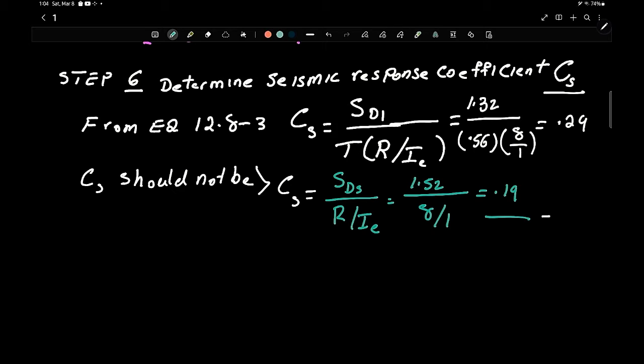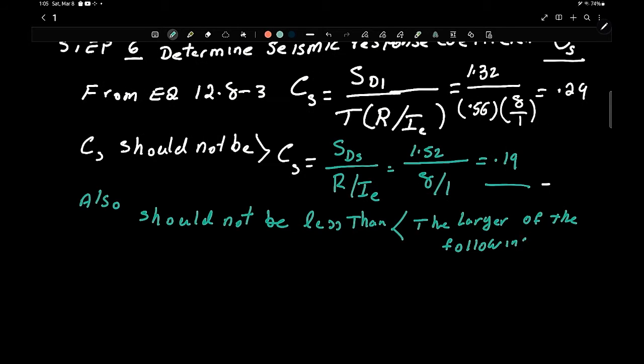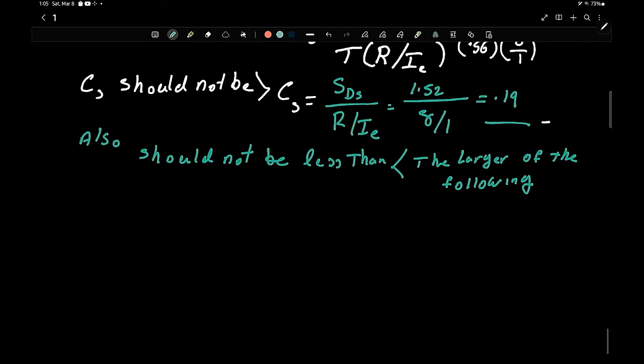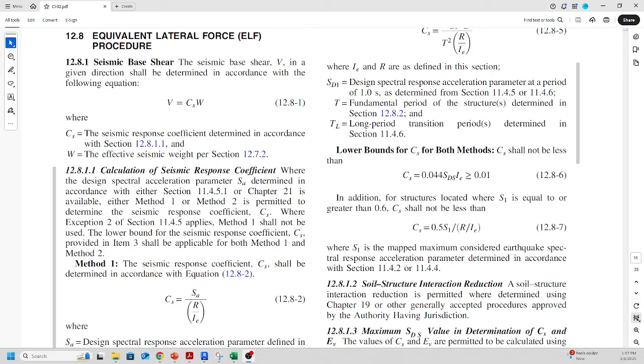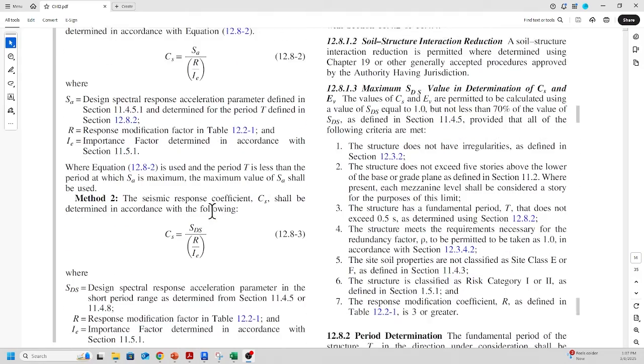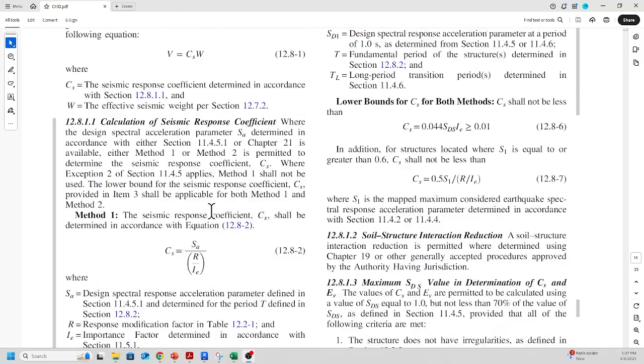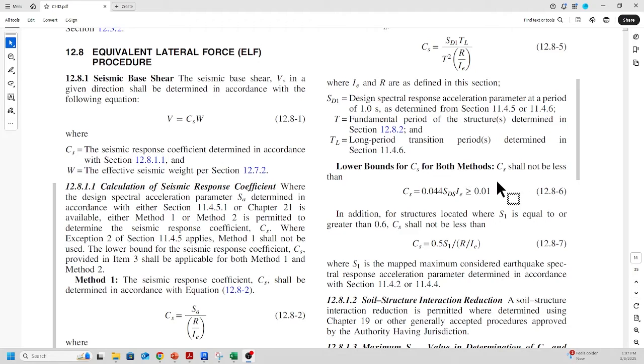And also, a: 0.044 SDS IE. Okay, so basically we have to follow this rule right here. It's the same section. We did this, and then it says right here, you have a lower bound for both methods.